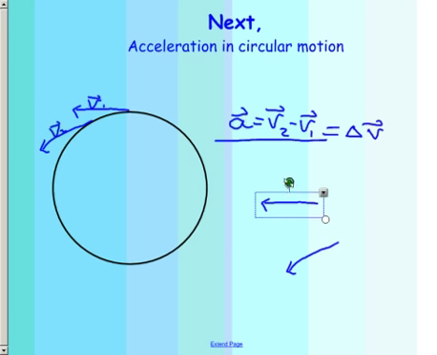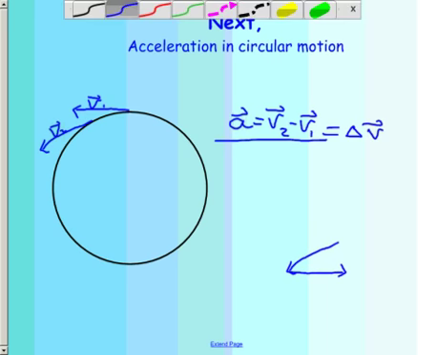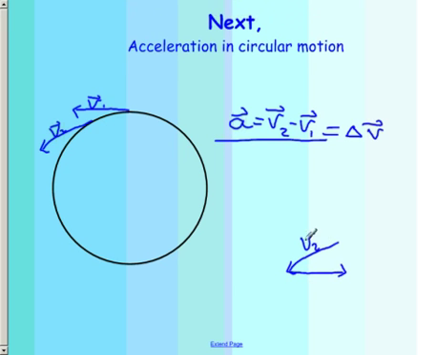So let's remember something. What you do is you put the arrow at the other end. So watch. I'm going to turn that around. So there's negative v1. Okay? So I'm going to take v2 and I'm going to add negative v1 to it. Let me write the vectors on there just so we know what they are. There's v2 and there's negative v1.